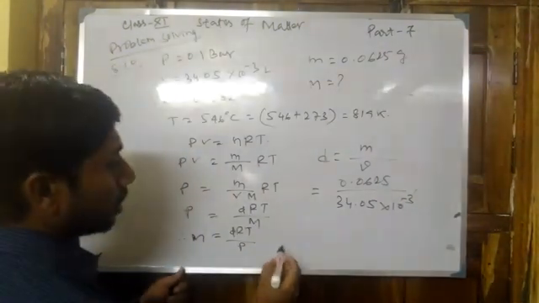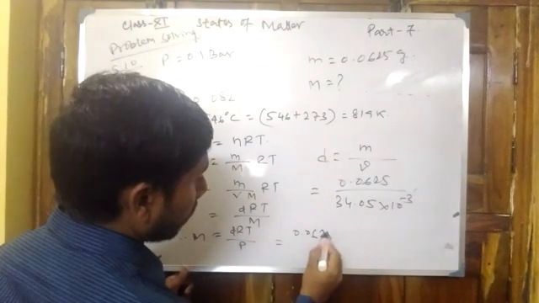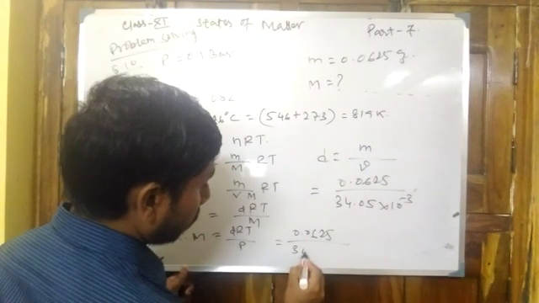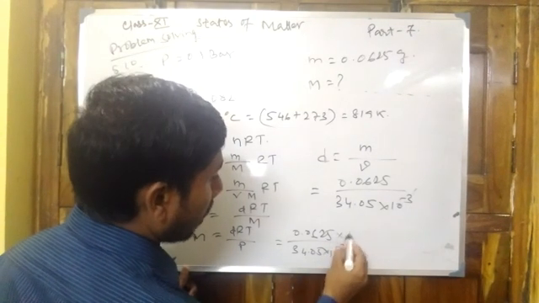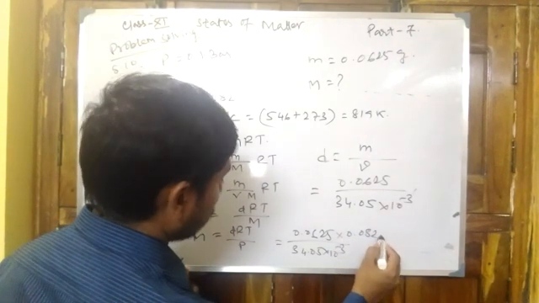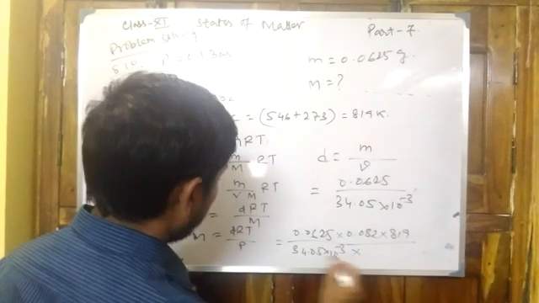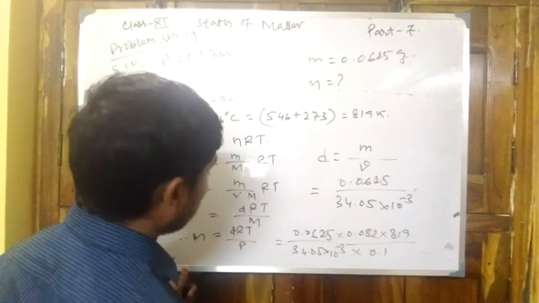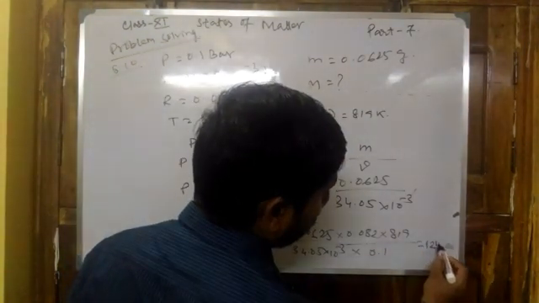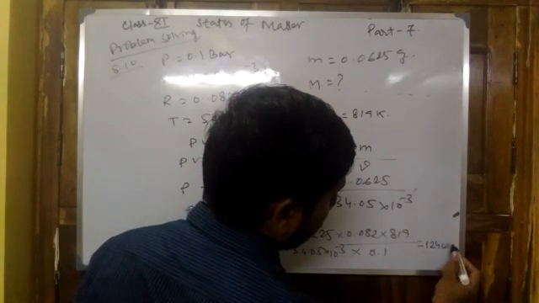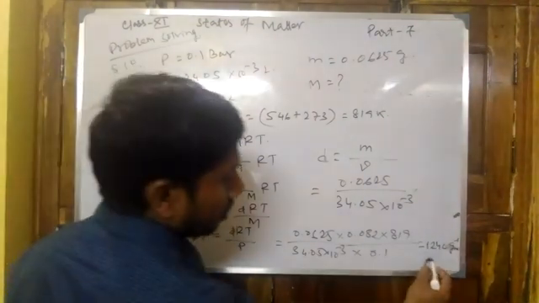It is the density. Now put this data here: 0.0625 divided by 34.05 into 10 to the power minus 3, R equal to 0.082, T equal to 819 Kelvin and P equal to 0.1 bar. Then we can find that it is equal to 1420 gram per mole. It is the answer.